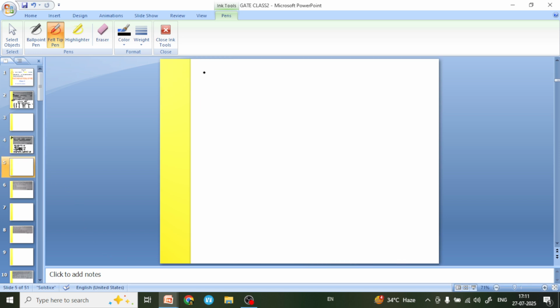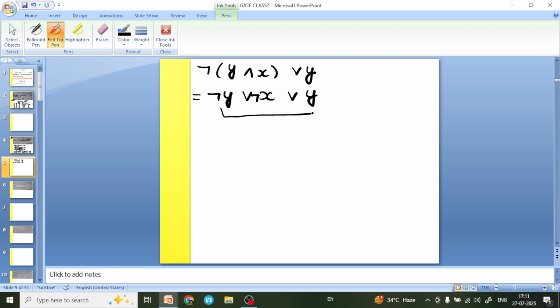Now not y and x, or y: not y or not x, or y. Not y or y is equal to true, or not x, that should also be true. So the first statement is also true.